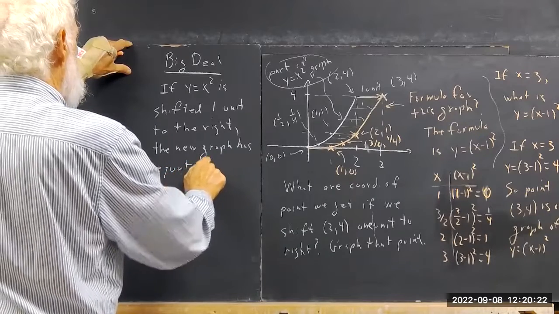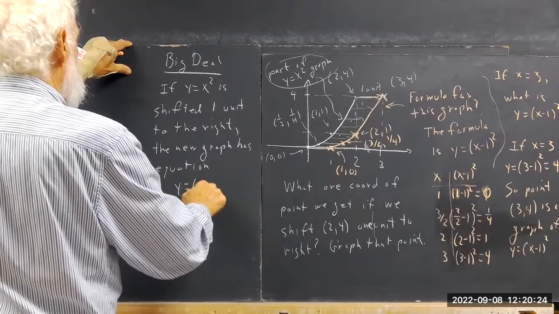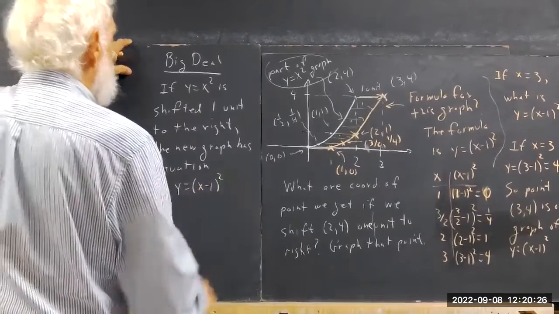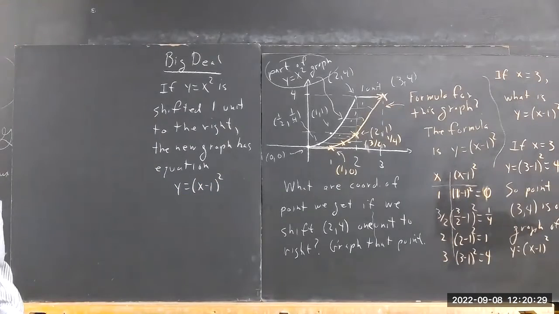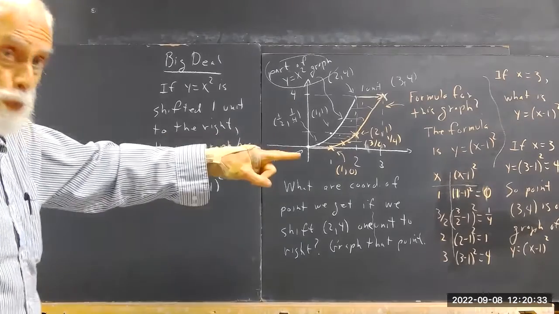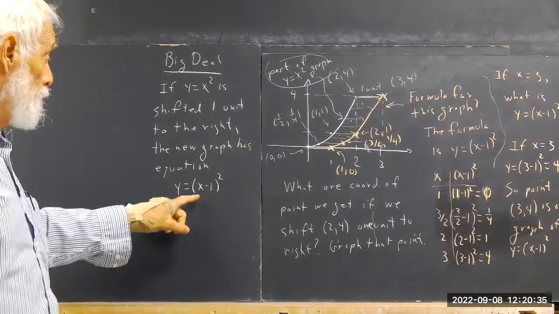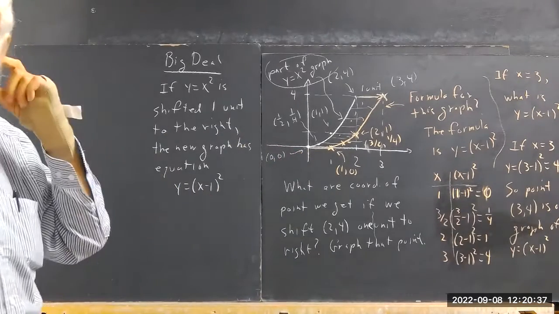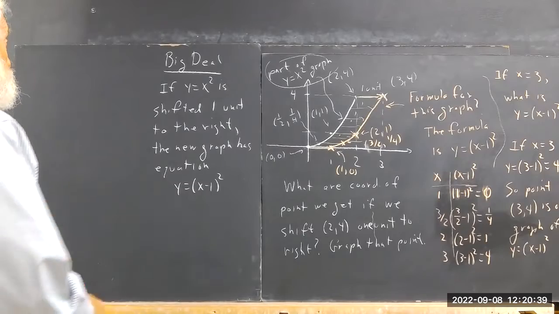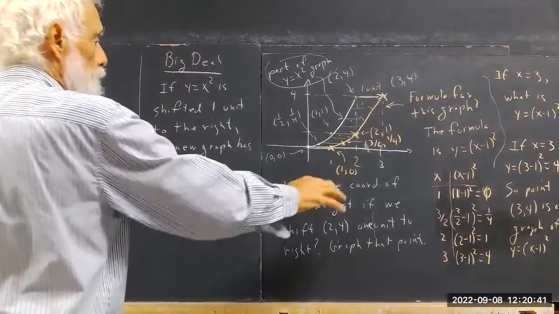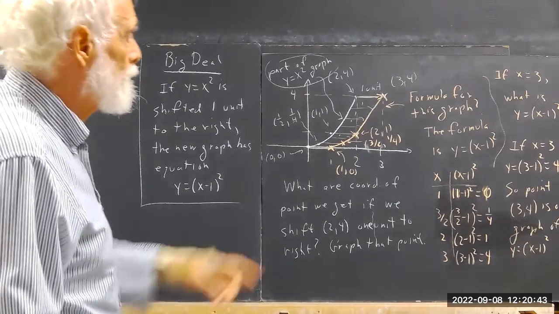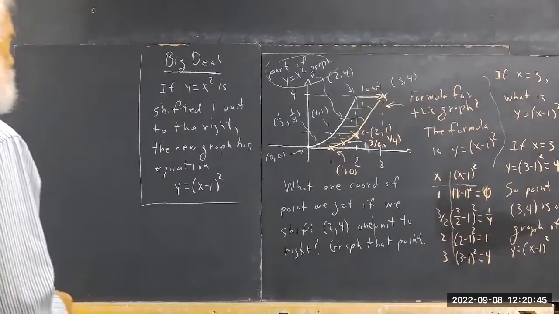The new graph has the equation y equals x minus 1 squared. So shifting it 1 unit in the positive direction, we're going to subtract 1 from all the x values. If you work it out, that makes it very plausible.